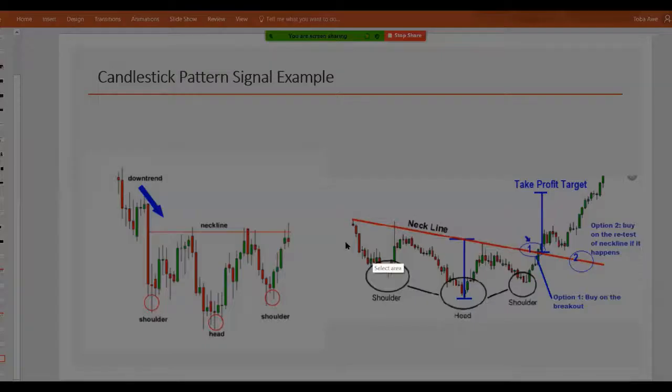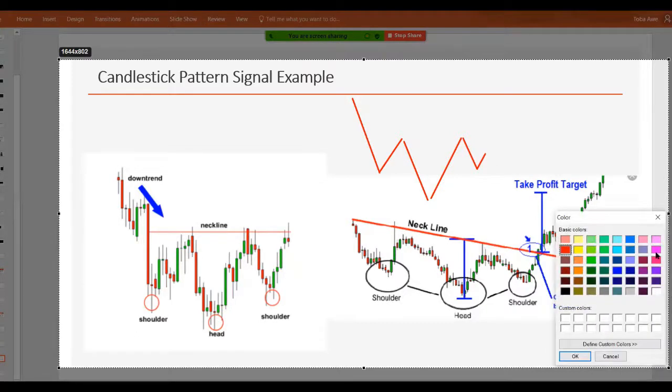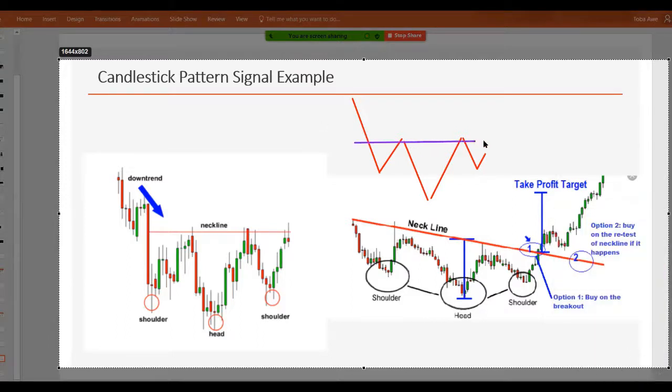Now in this slide, I'm showing us, if we could remember, an inverted head and shoulder. Inverted head and shoulder is something like this. Price went up, price fell, price went up again, fell down. Now when you see this, you can say, oh, I'm having a good pattern. So from this, I have my resistance.